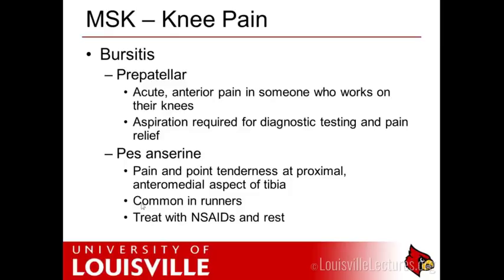So that was something that I didn't necessarily know. We don't see a lot of this, and so that's not something that we keep in the back of our mind. But that is in contrast to pes anserine bursitis, and so this is in a different area. So this is medial. It's going to be anterior medial and just below the knee joint.